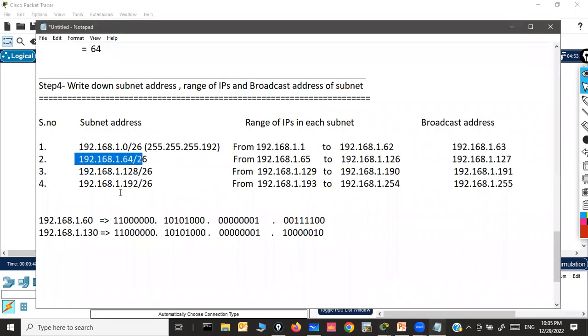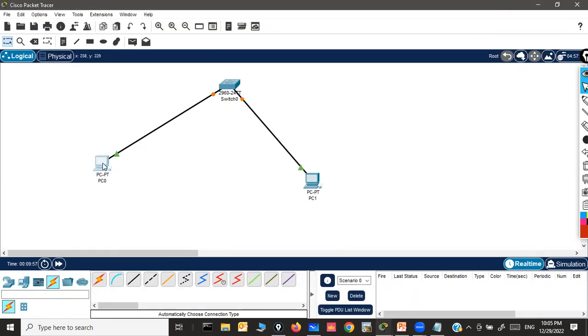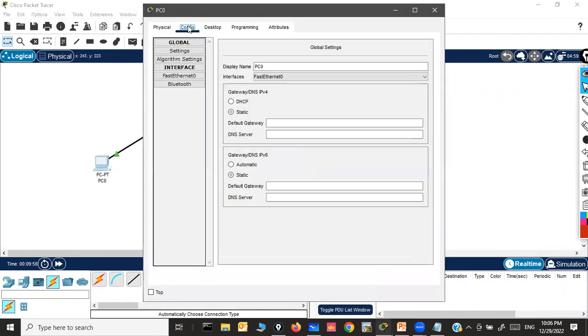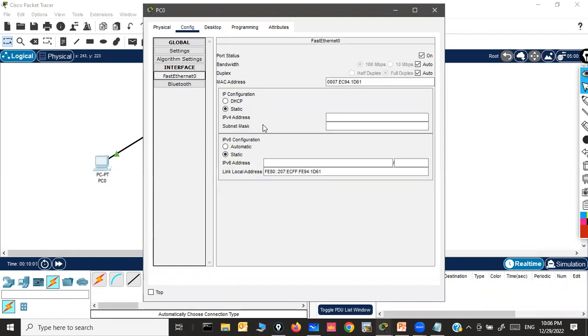I'm going to use the same addresses as before, 60 and 130. We'll see that both computers will not communicate with each other. I'm going to assign IP address 192.168.1.60. I'm not going to use the default mask. With the default mask, yes, they will communicate.